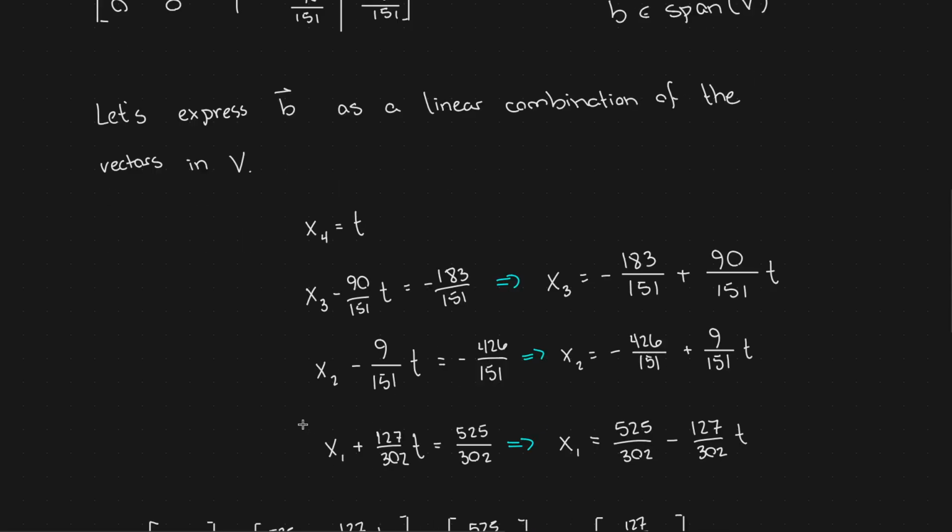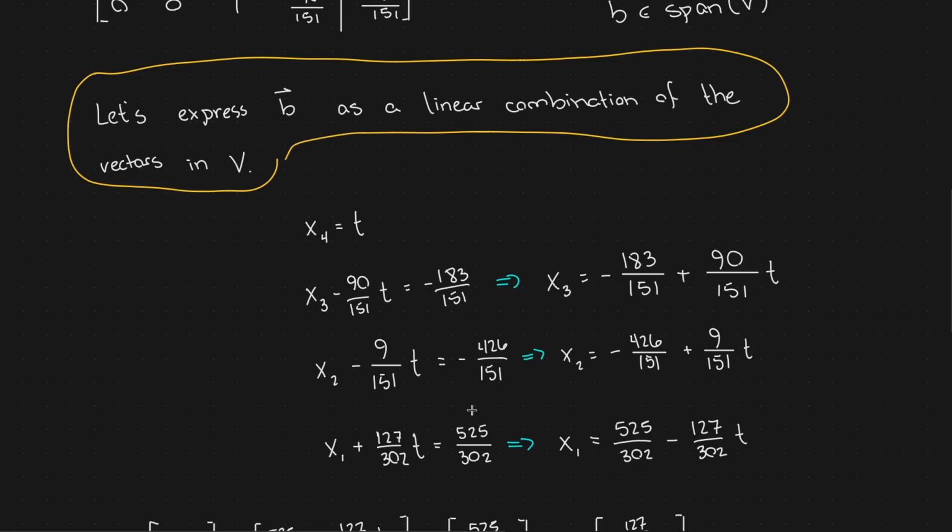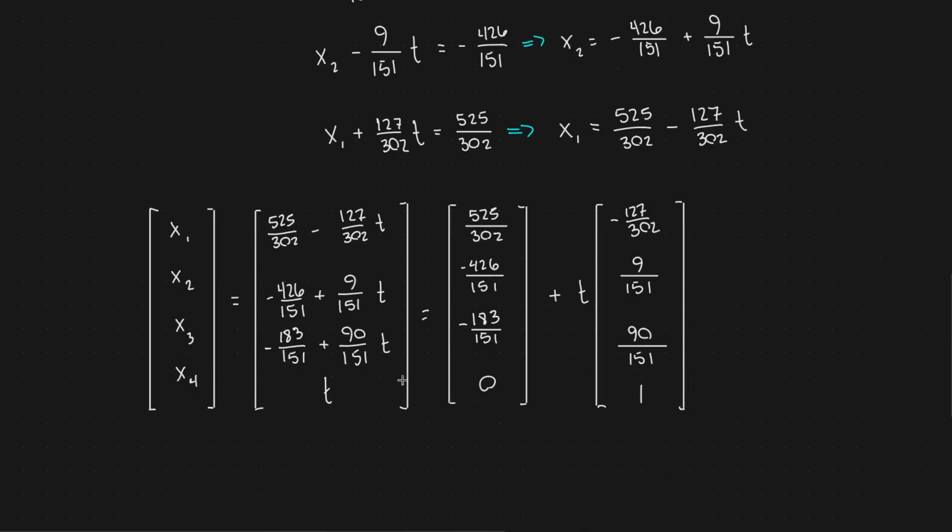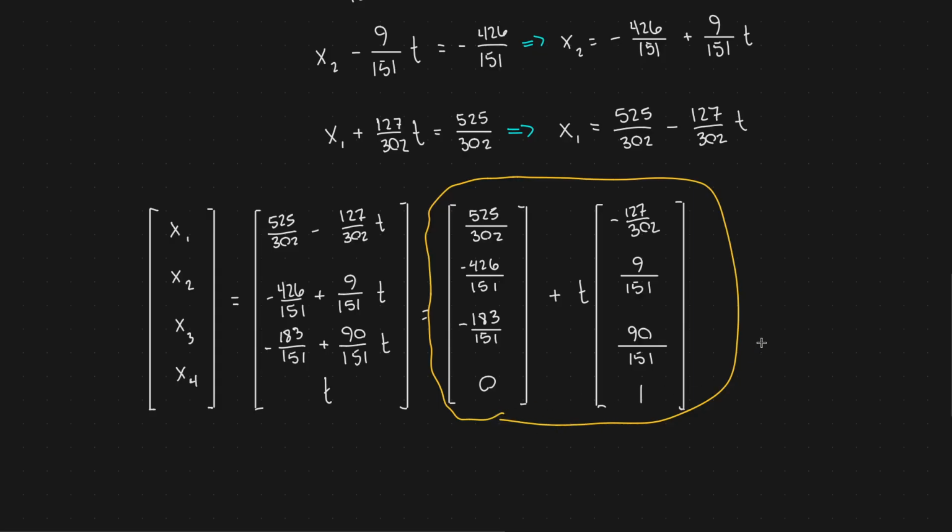Okay? Now the instructions here tell us to actually express B as a linear combination of the vectors in V. Now we have infinitely many ways to do that. Any choice for x1, x2, x3, x4 that satisfies this would work. Okay?